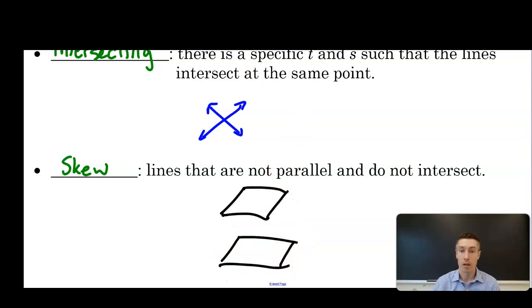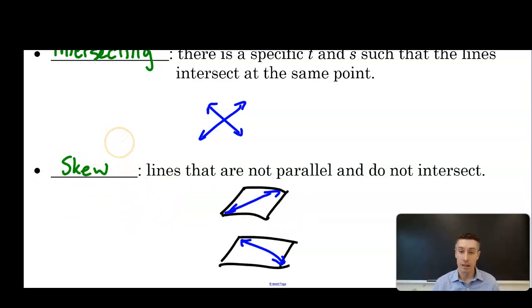Those 2 planes are parallel. So skew lines are lines that are in parallel planes but are not parallel lines. So for instance, if I drew that diagonal on the top plane and that diagonal on the bottom plane, they're not parallel lines since I can't take a separate plane and include both of them. They don't intersect because they're contained in parallel planes that never touch. So the last option is this third option that we define, which is called skew.